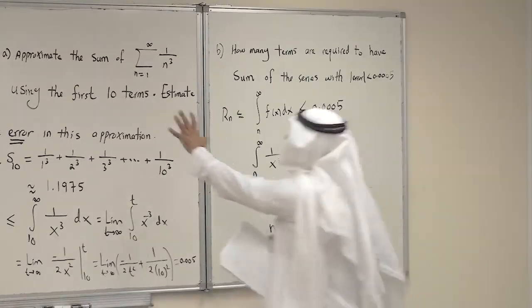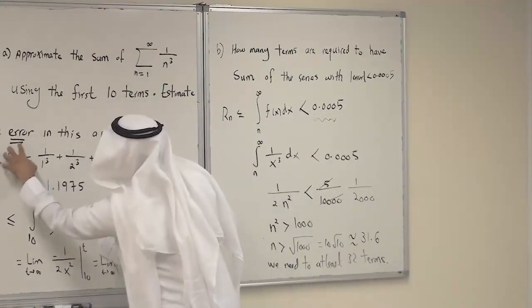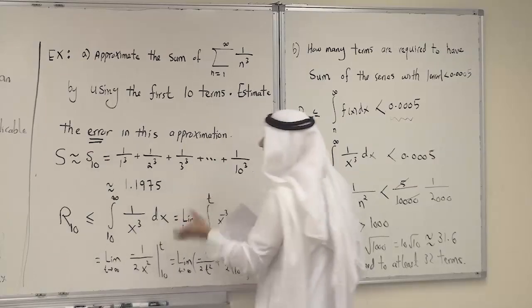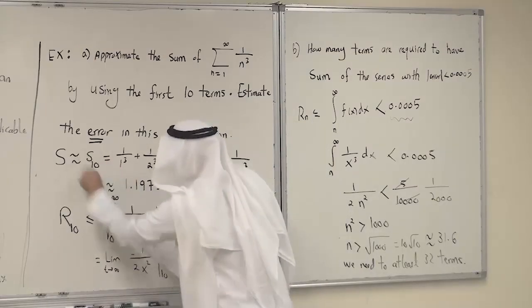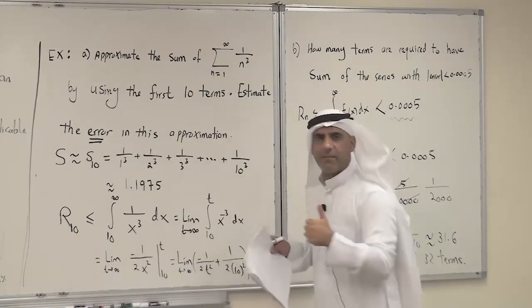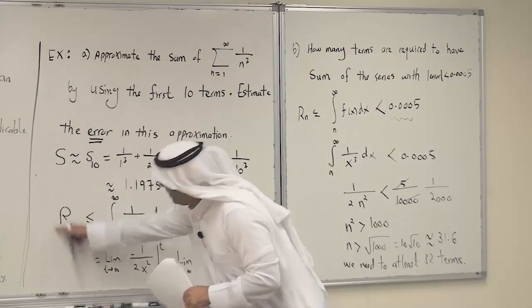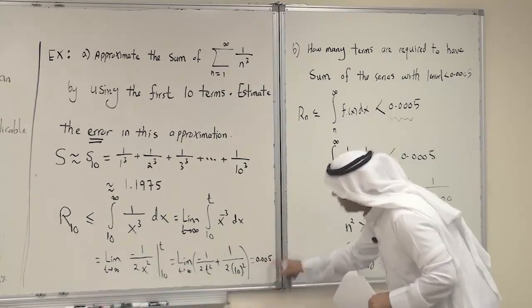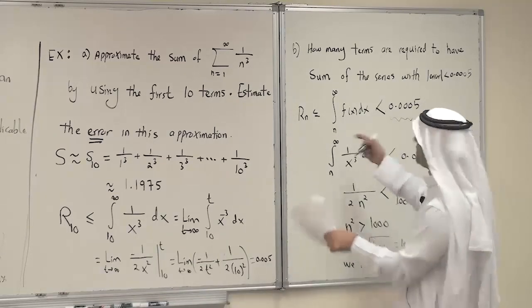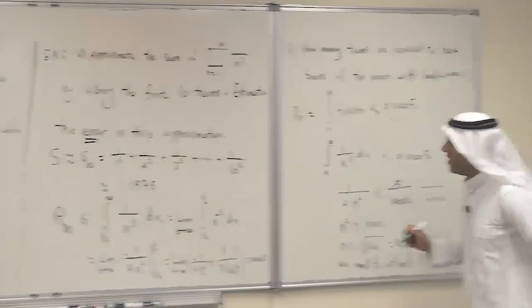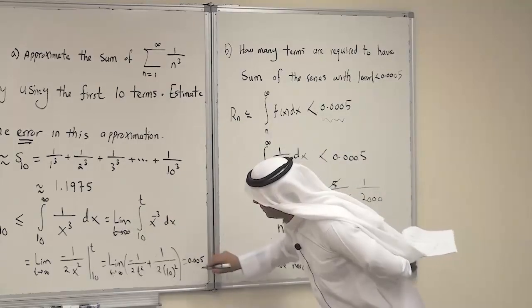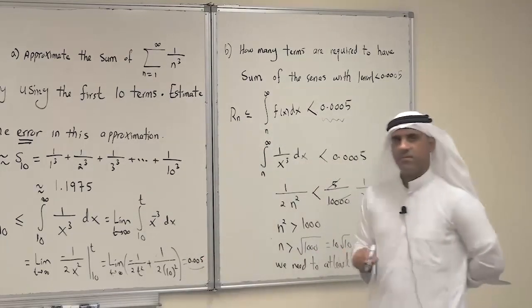Now, you remember we said we are approximating using how many terms? 10 terms. So we end up with the 10th partial sum as an estimate, and R10 is 0.005. You see, when we add only 10 terms, this is the error involved.